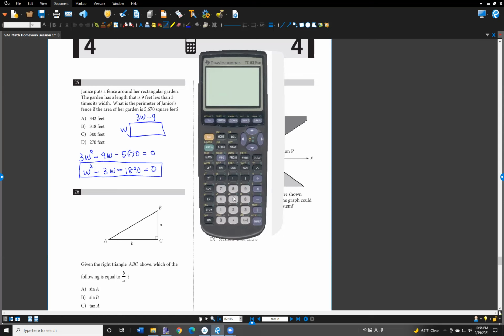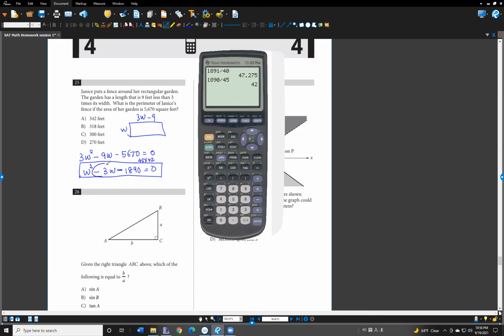Okay, so 1890 divided by 40. How much? 47, no good. 1890 divided by 45. Oh, 45 and 42, that difference is 3, right? Very lucky. So this one is actually 45 times 42.